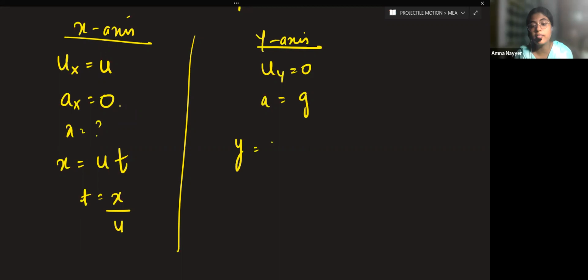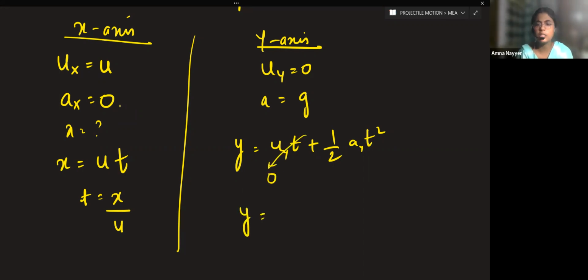Now y will be equal to what? ut plus half a t square. So u will be uy, and everything will be in terms of y. You can easily put the value of t from here. So uy t will be equal to 0, and half a t square, from here let's put it.